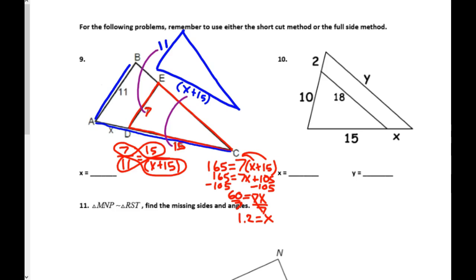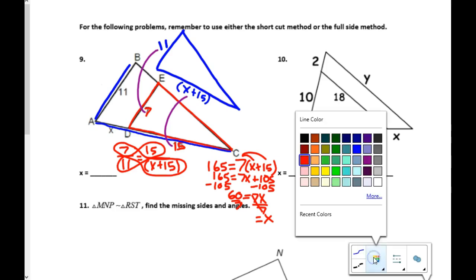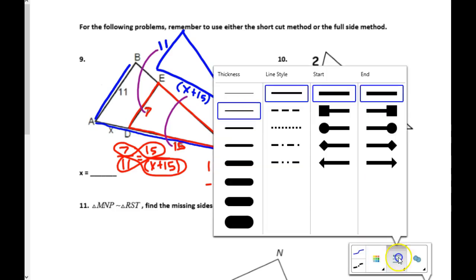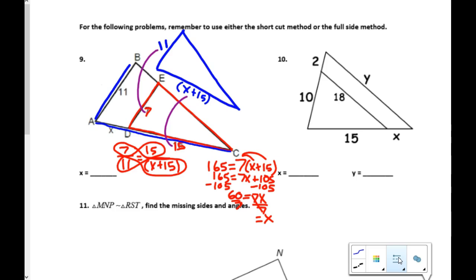Alright. So actually, that's not right. Sometimes the calculator will goof up. So 60 divided by 7 is 8.6.